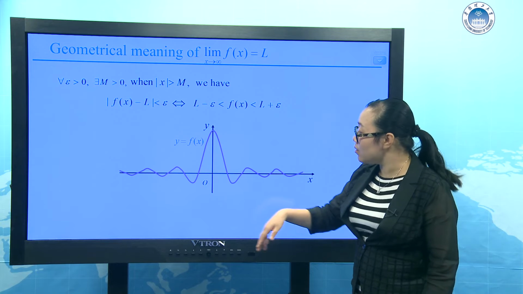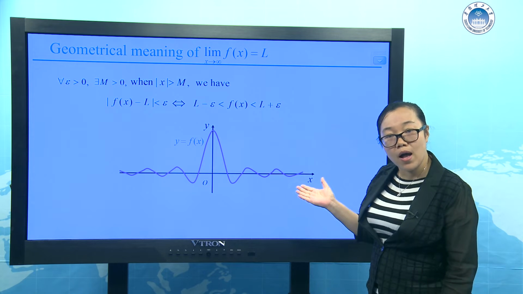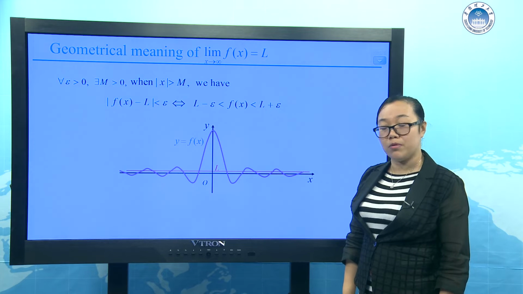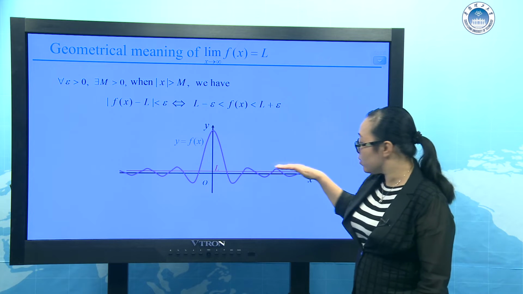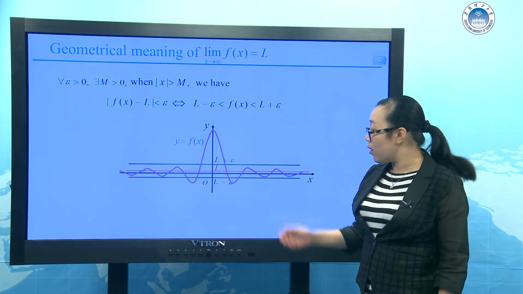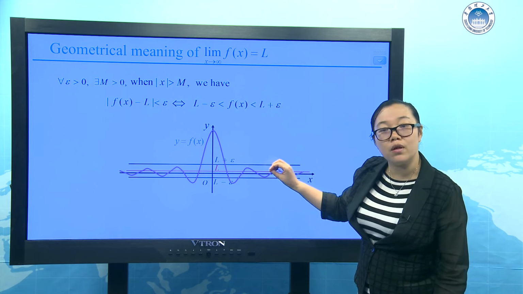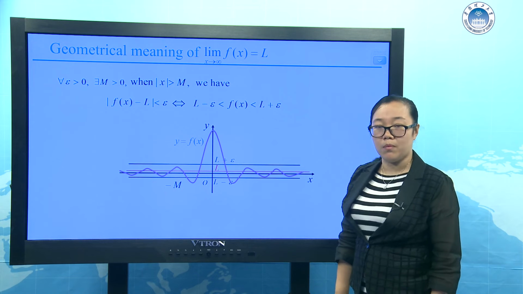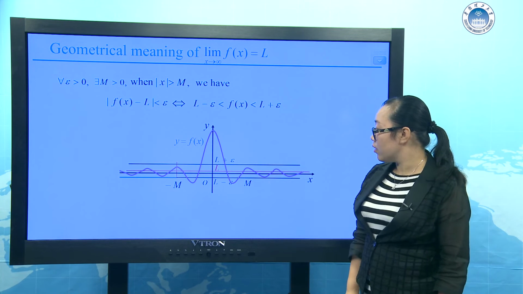Here the pink curve is our function y equals f(x). Given the capital L, y equals L is a straight line. L plus epsilon and L minus epsilon are the two different blank lines; minus capital M and positive M are changeable.